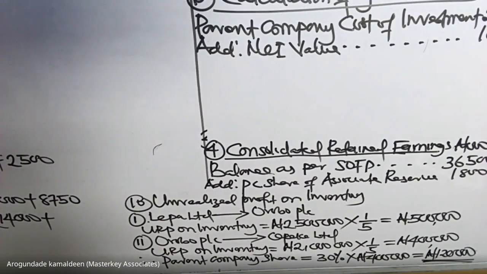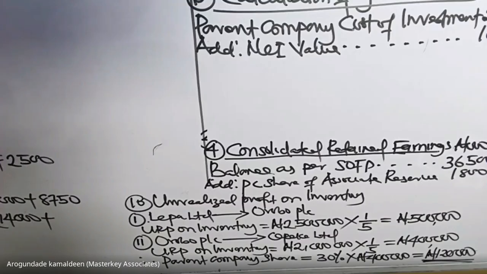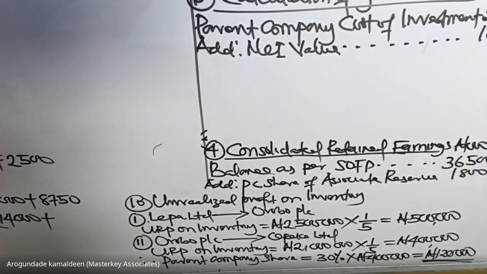Now, I told you earlier that once you have gotten this, the most important thing you should ask yourself is, who sold the goods? The parent. So if the goods are sold by the parent, how are you going to pass the adjustment?